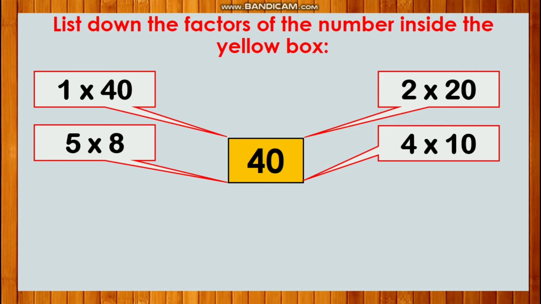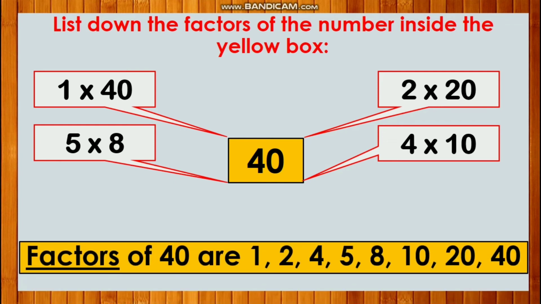Then in listing down, make sure that you arrange the factors from least to greatest so that you can't miss any factor. So factors of 40 are 1, 2, 4, 5, 8, 10, 20, and 40.